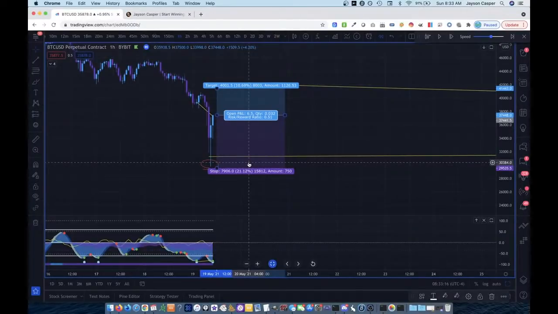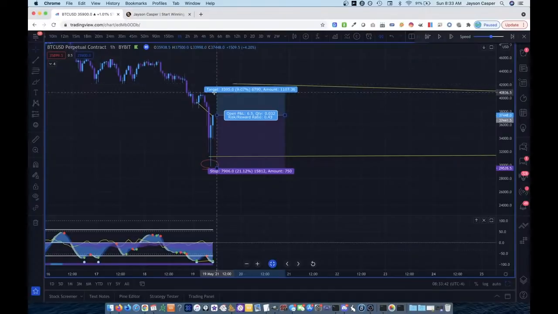Now, many of you know I don't advocate risking, especially if you're new to trading, more than 1% of your account. So if you were actually going to take this long, you should only put a 20th of your account onto this trade in order to risk 1%. So I would say that this is not even a trade you should take using this strategy.